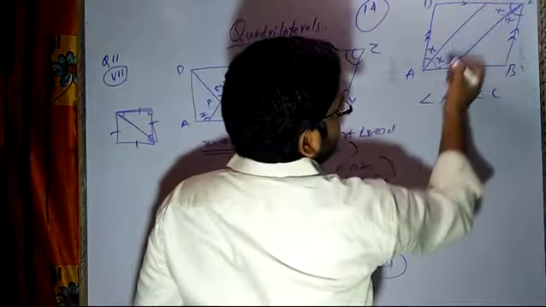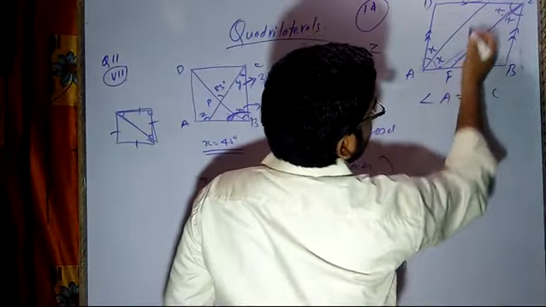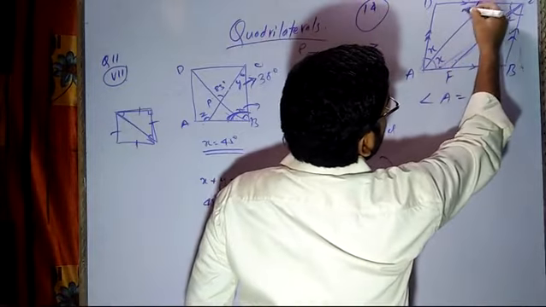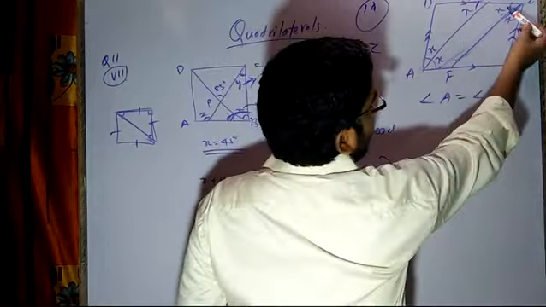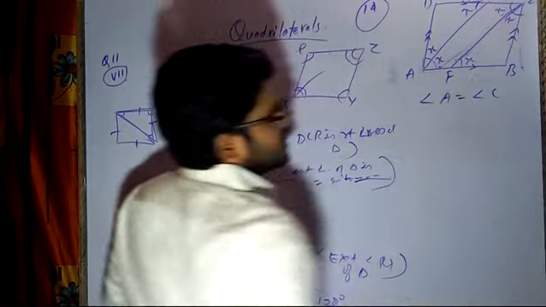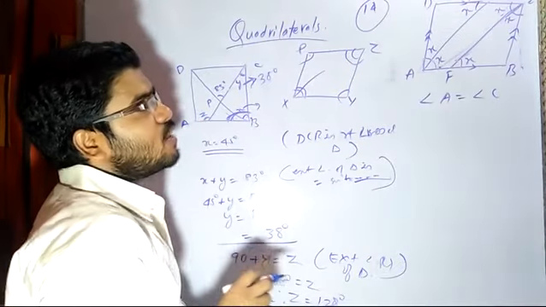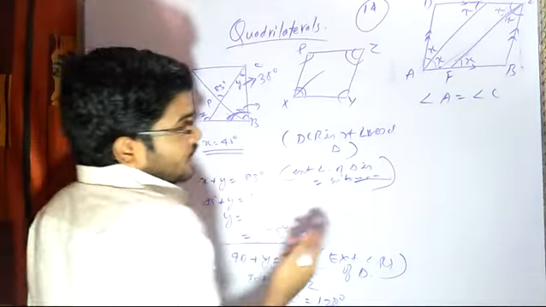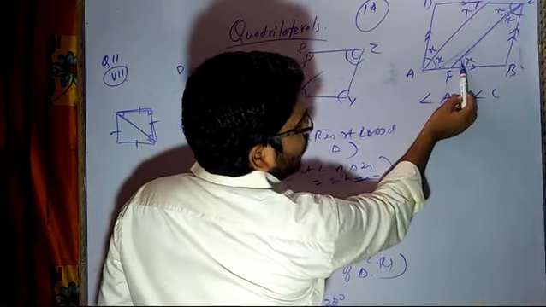Now since this line is parallel to this line, and this is parallel to this line, this angle will also be equal to x. Interior alternate angle. Similarly, this angle will also be equal to x, interior alternate angle. Now, can you see one thing? That here, this angle and this angle are equal.